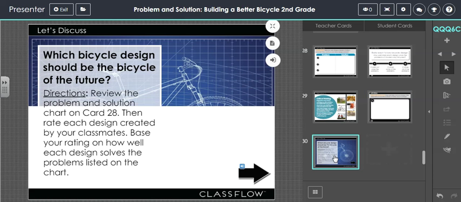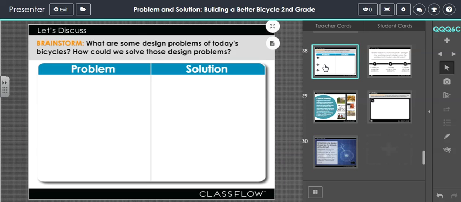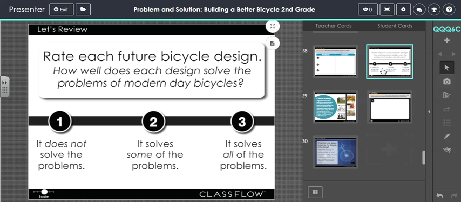The next card is more of a directions card. They're going to rate each other's designs based on how well each design solves the problems that were discussed on card 28. So they can present the designs to the class, and then they're going to go back to card 28, and as each design is presented, the other students in the class will receive the student card here as a scale poll.